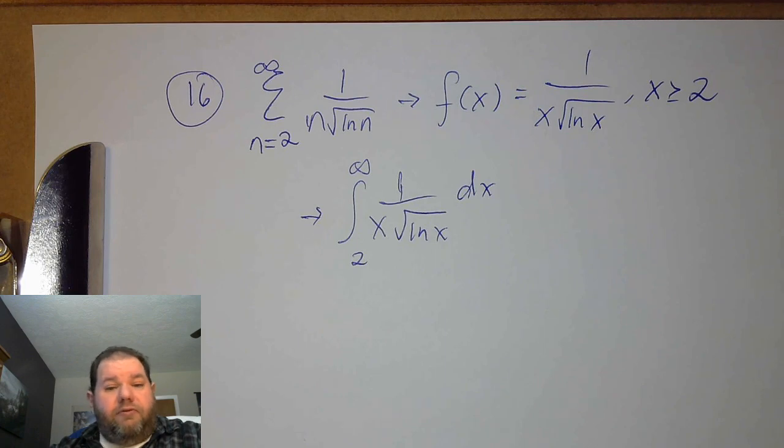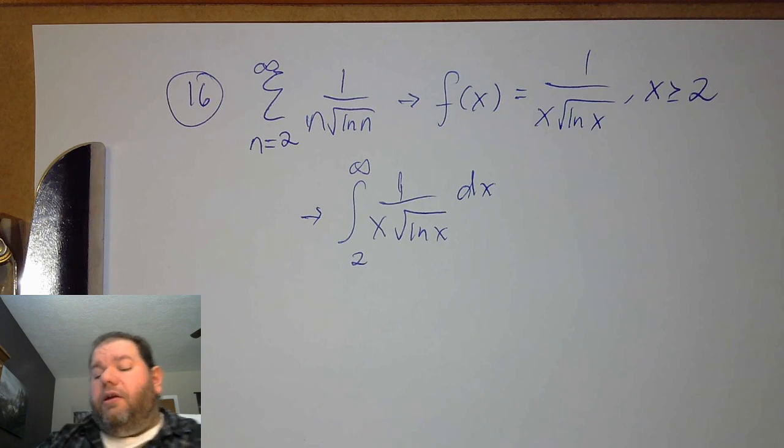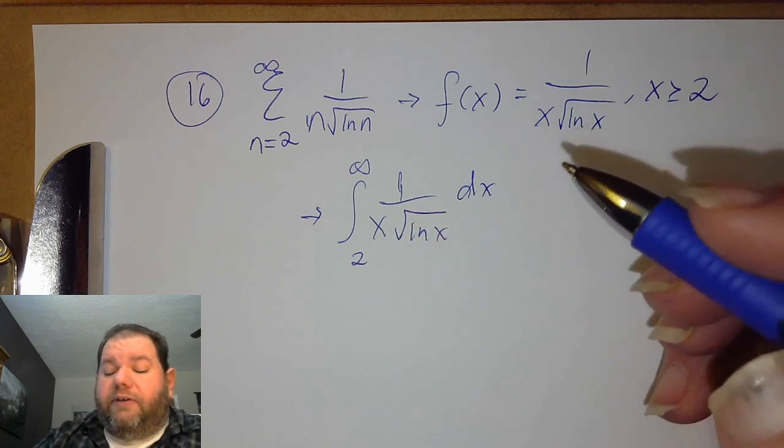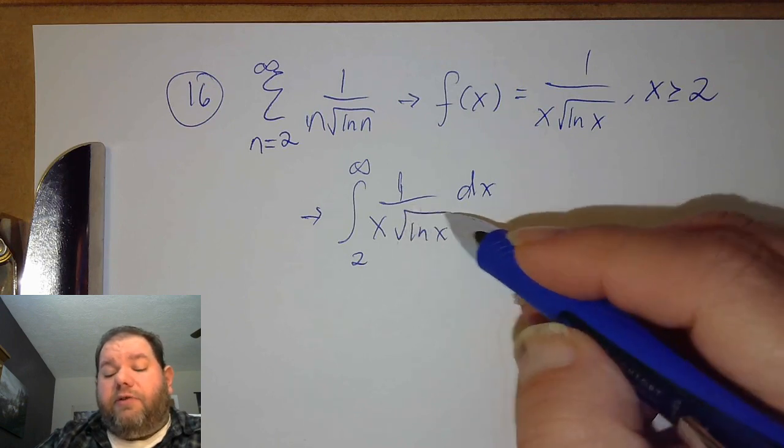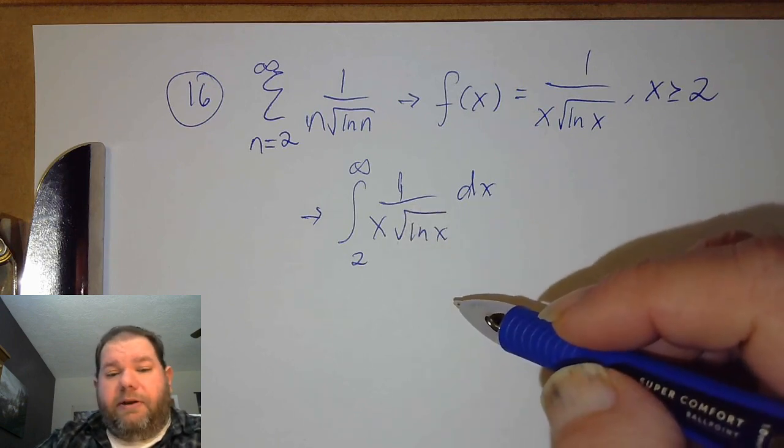And it's not something we learn right away necessarily, but at least at this point we have the tools that we need to tackle it, and if it doesn't work one way, then we know we can go the other way with it. But what I would say is ultimately we look at this, because it's in the denominator and is under a square root, it's probably going to be a substitution.